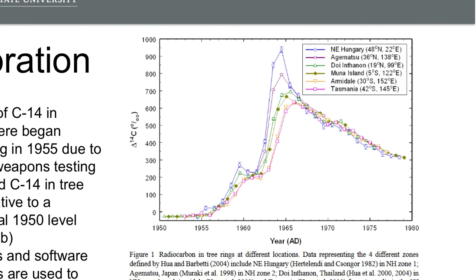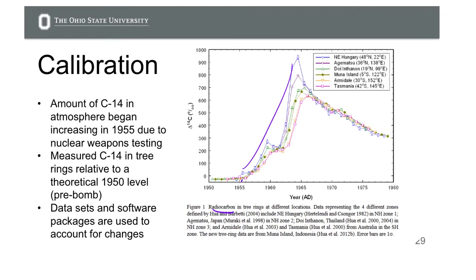What is being calculated here is radiocarbon, or carbon-14, in tree rings in different locations. And you'll see right about 1955, we see a sharp spike in the amount of carbon-14 in the trees. That corresponds to when we started nuclear weapons testing. As we add nuclear particles into the atmosphere, more carbon-14 is produced, more carbon-14 is taken up by plants, and so on and so forth.